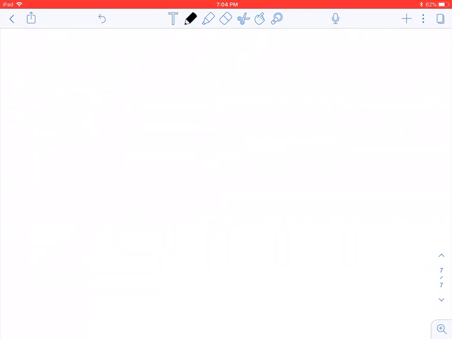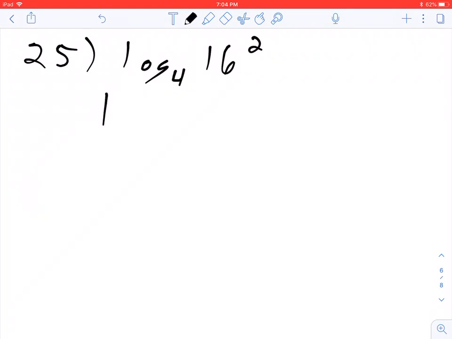Okay, number 25. 25 is log base 4 of 16 to the 2nd. We need to rewrite the 16. You kind of see how this goes. So we have log base 4, and 16 is 4 to the 2nd, and then there's still another 2nd out there.